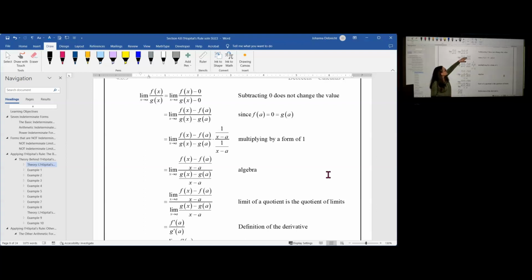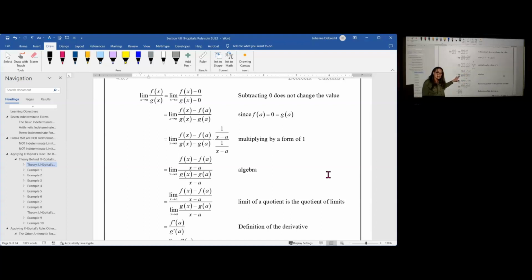What we need next is for each of these to be divided by x minus a. So we multiply by 1 in the form of 1 over x minus a divided by itself. This gives us the limit of the difference quotient with f over the difference quotient with g in the denominator.